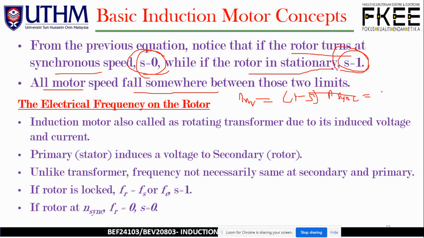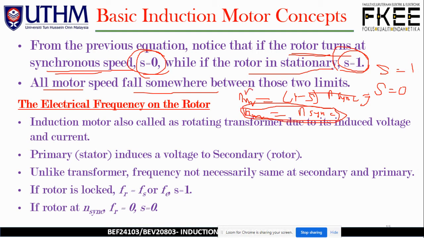Let's say S equals 0. That means slip is 0, so n_m is now equal to n_sync. This is what the statement means: the rotor turns at synchronous speed, because n_m in this condition equals synchronous speed. What about if S equals 1?